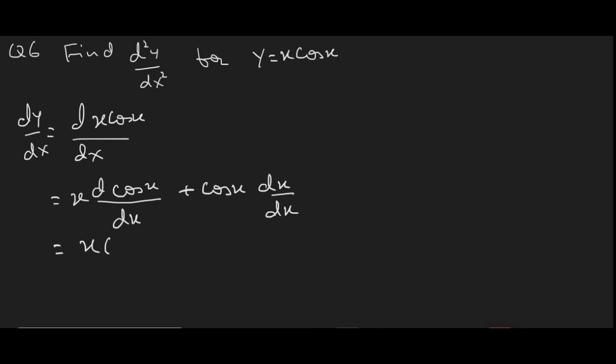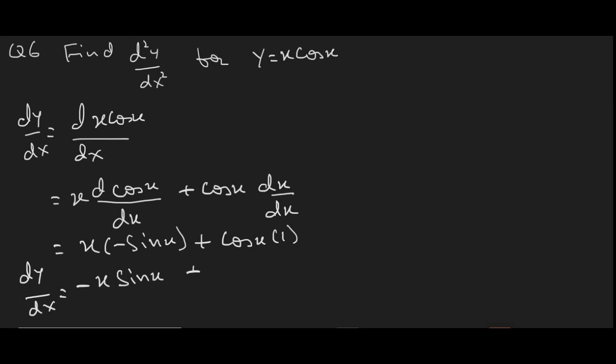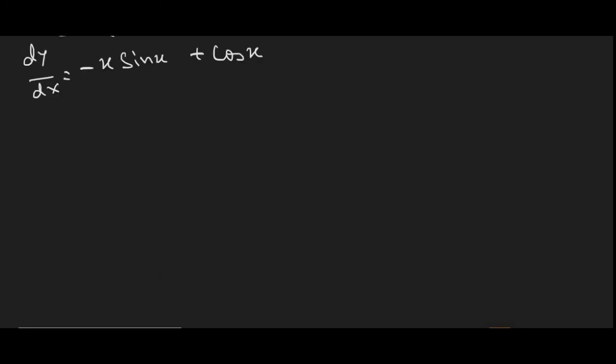So x into minus sin x, because the derivative of cos x is minus sin x, plus cos x into 1. dy by dx is equal to minus x sin x plus cos x.